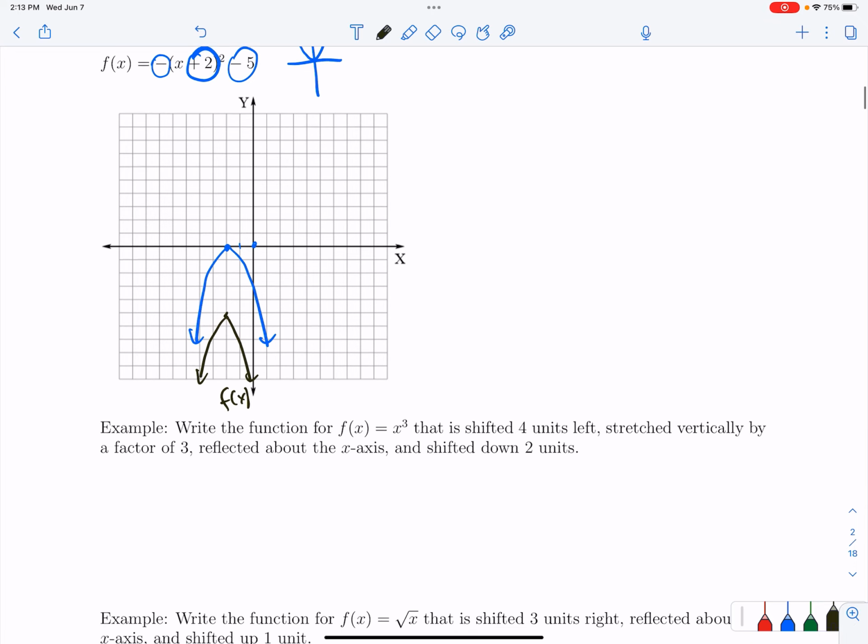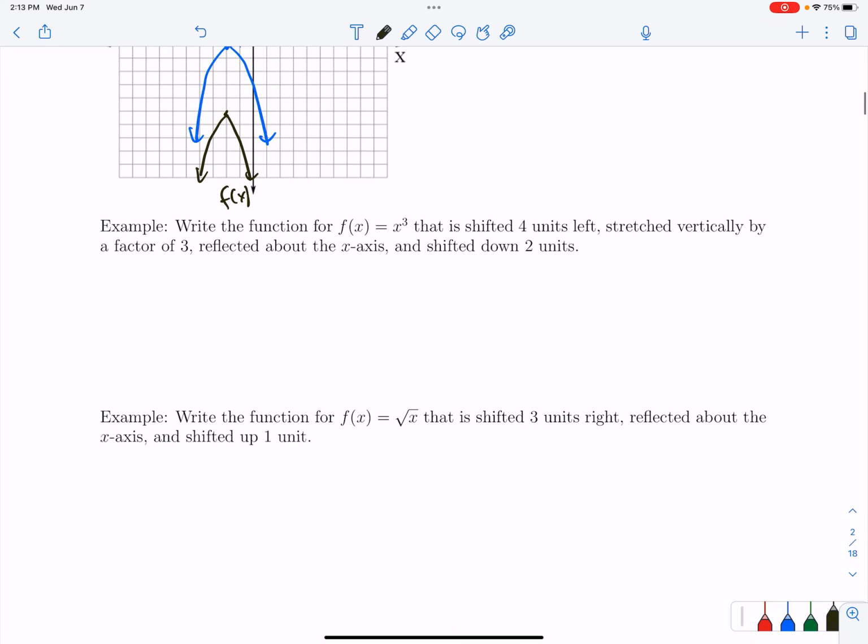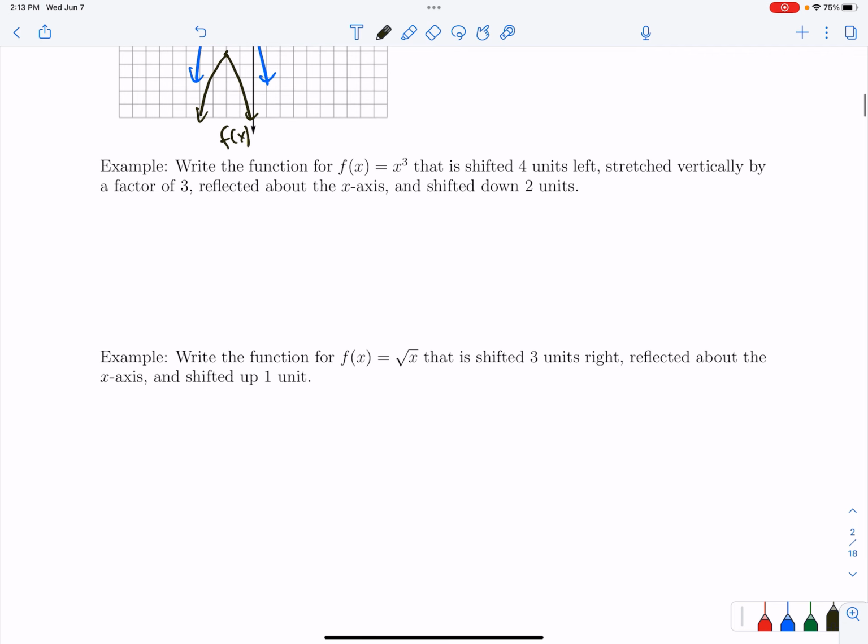Okay, and then 2 more. Now we're given a description of what's happening to the function, and then we want to come up with the equation. So write the function for f of x equals x cubed, shifted 4 units left, stretched vertically by a factor of 3, reflected about the x-axis, and then down 2 units.